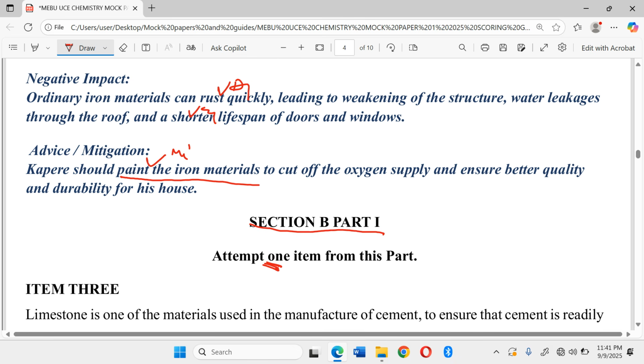But though we need to attempt only one item, for us in our discussion, we shall look at all the 2 items, because we are looking at solutions to all these items. Even section B part 2, we shall look at all the 2 items. So just make sure you keep until the end so that you don't miss out any of this sharing in today's session. Let's go direct to item 3.